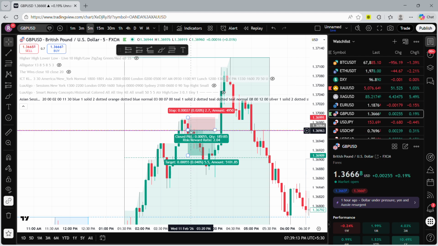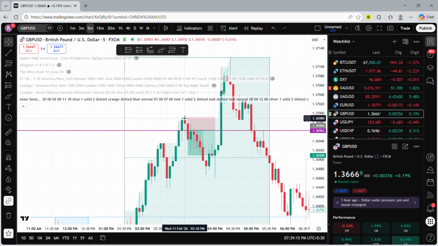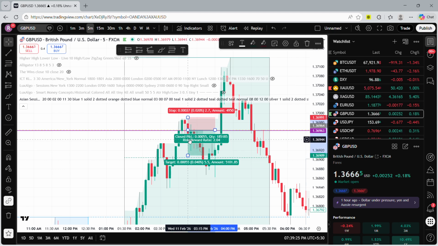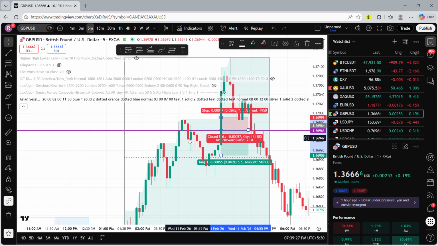So I entered here, and again the SL was the recent high, and my TP was a 1:2, and here I think I exited at 1:1 only. If you can see, price was having this kind of a tug of war between the buyers and sellers, that even though price is plummeting down, the buyers are still bringing that power back up.